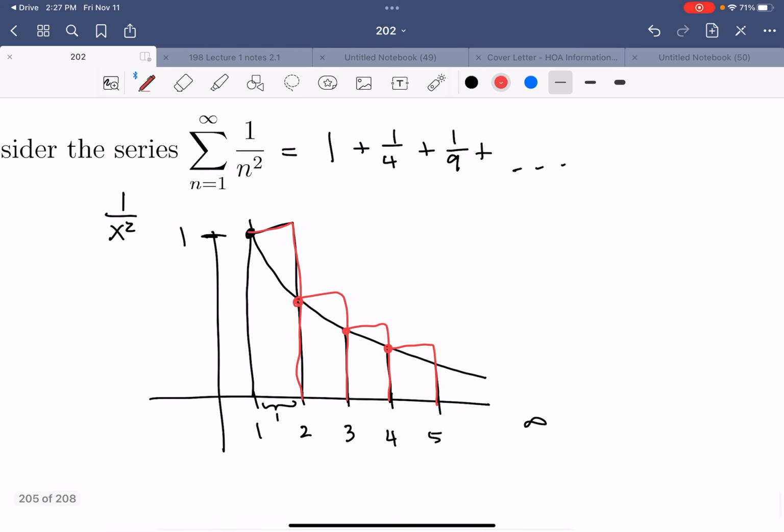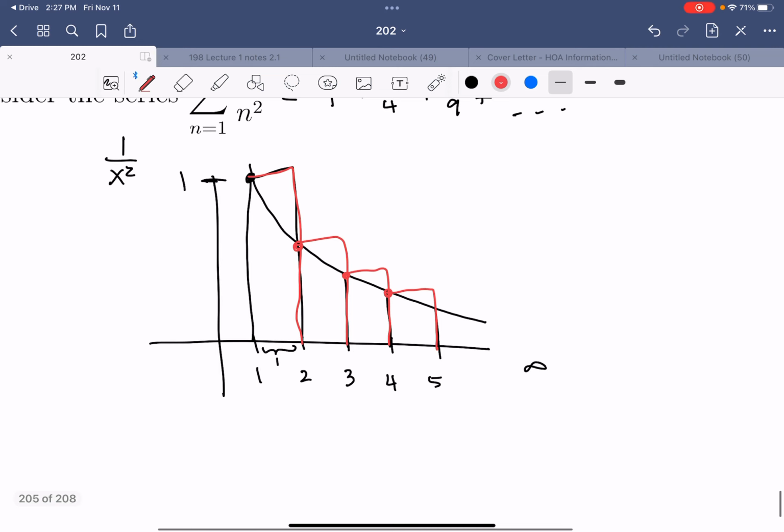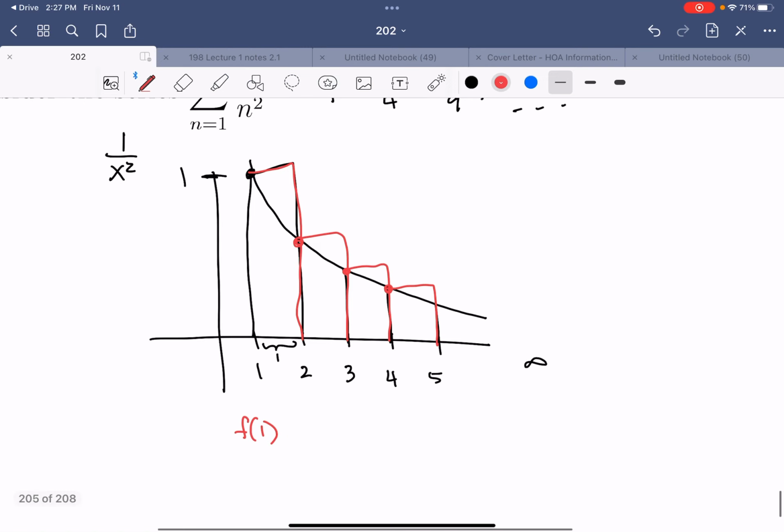So what is the area of each rectangle? Well, it is f of 1, because it's the left side, times the width, which is 1, plus f of 2, plus f of 3, plus f of 4, so on and so forth.